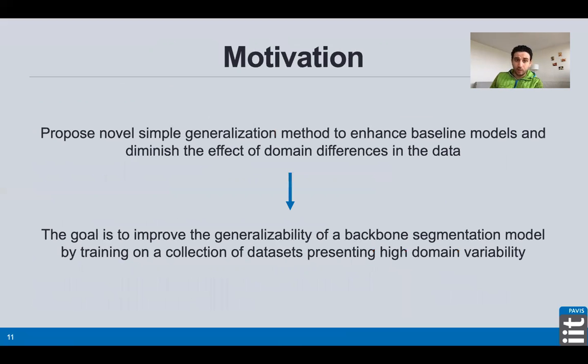To deal with this problem, we propose a generalization method to diminish this domain difference which comes from the different data sets. Our purpose is to generalize the backbone or traditional segmentation methods to remove this unnecessary information that comes from the data set.